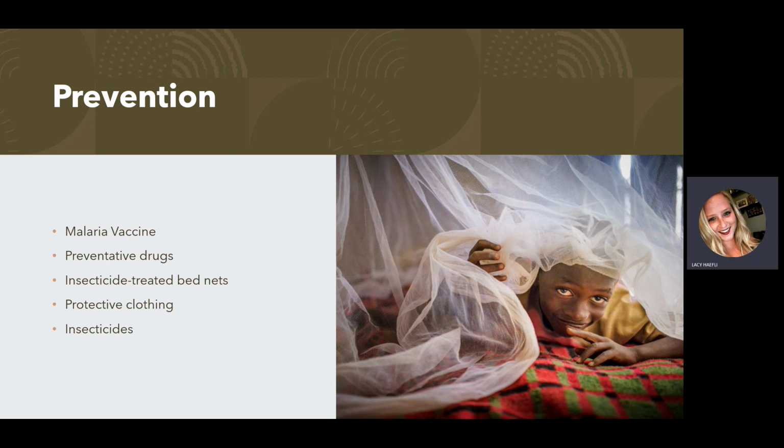Another method of vector control is through environmental modification. So this includes the draining and filling areas where pools of water can accumulate to stop the larval stage, or even using larvicides. So mosquitoes, when laying their eggs, fertilize them in the standing water.